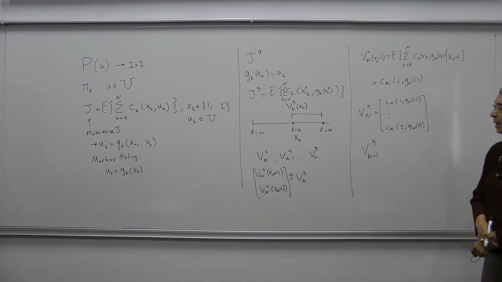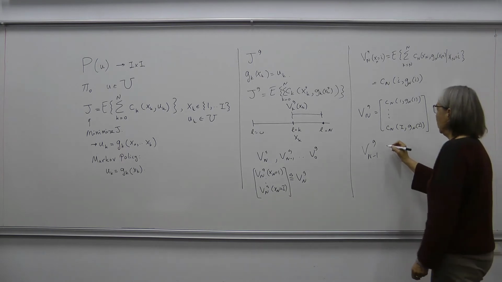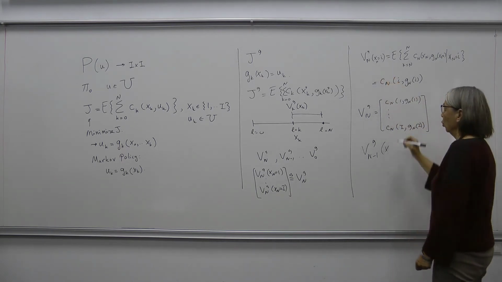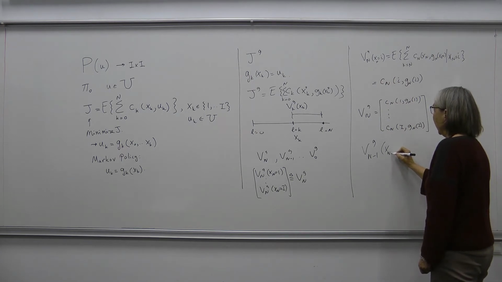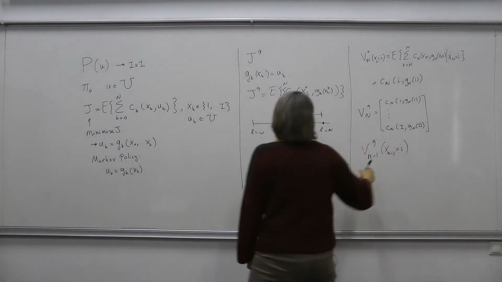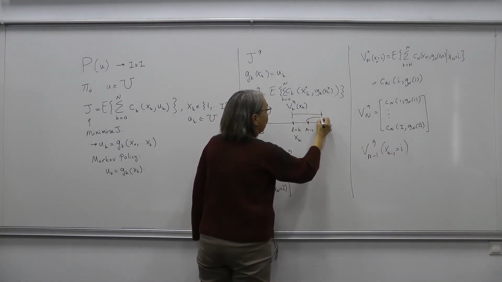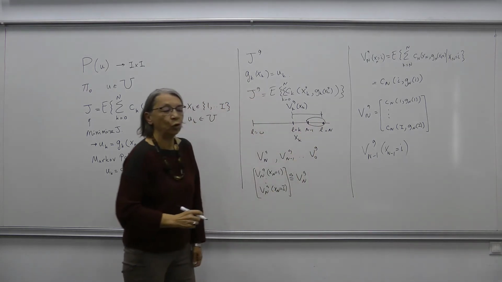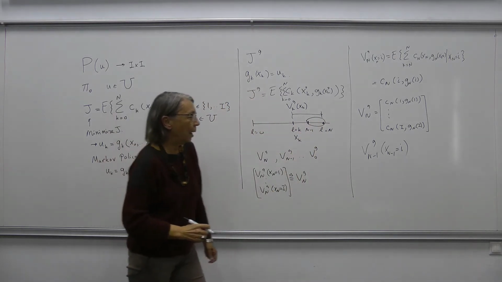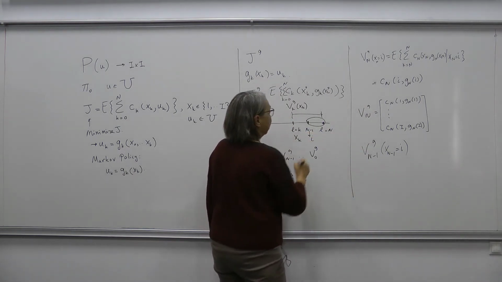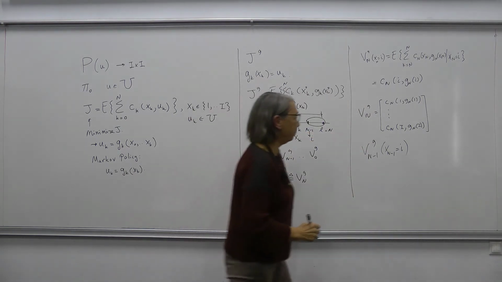And now I would like to calculate the V_{n-1}^g vector. To calculate this vector, let us obtain one component of it, by writing x_{n-1} as i. So what does that mean? That means that we are here at the time n-1, and we are computing the cost to go for those two time steps. And we assume that at this time, we started from the state which is equal to i.